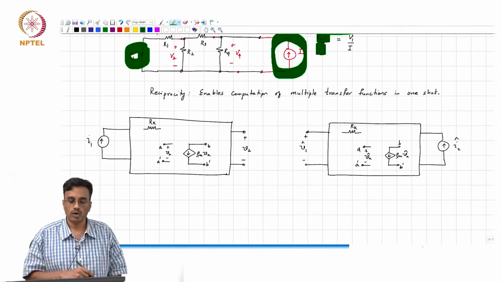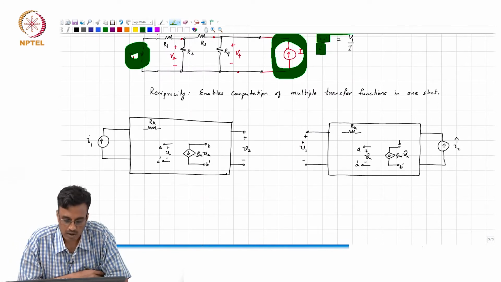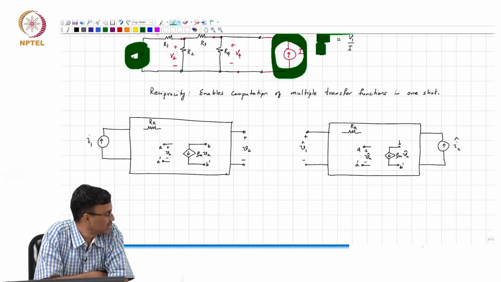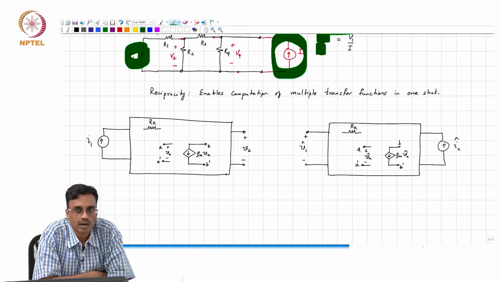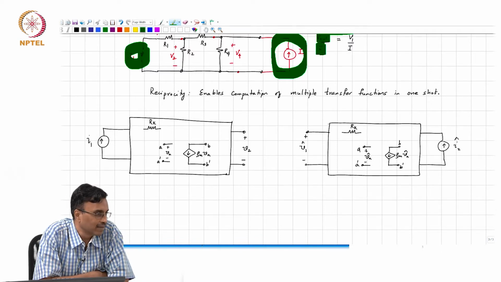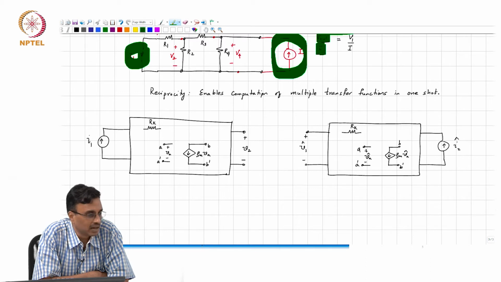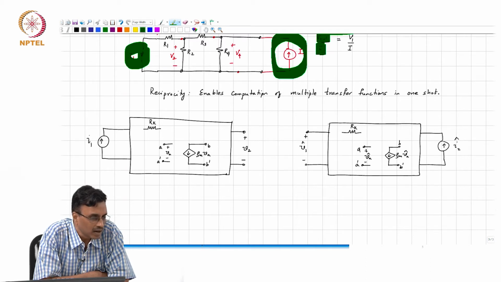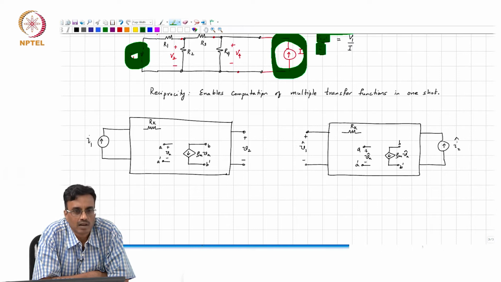Okay. So, coming back, the limitations of reciprocity as we have seen so far stem from the fact that we only had elements typically R, L and C inside the network, and while we like R, L and C, in electronics we are dealing with control sources all the time, and we would like to see if we can make any headway with control sources.